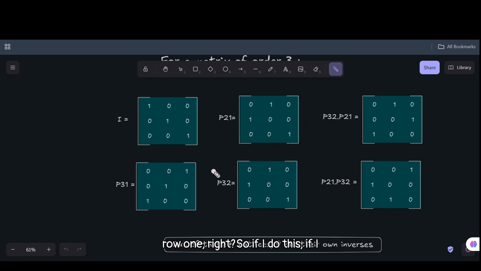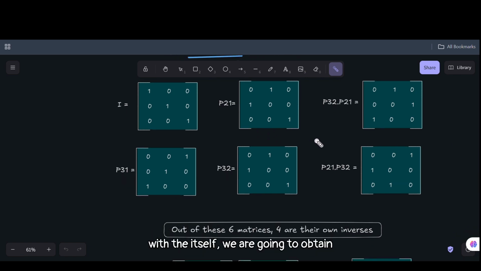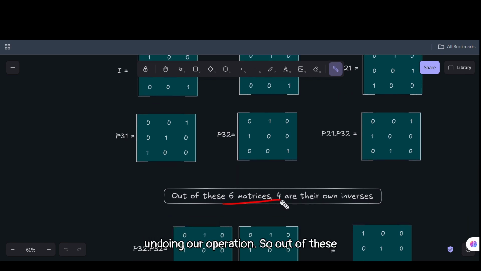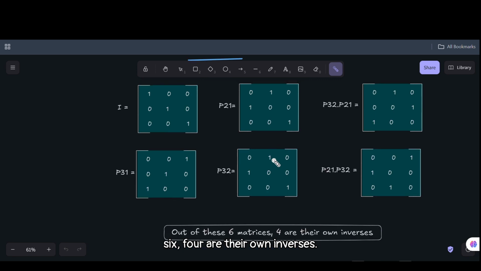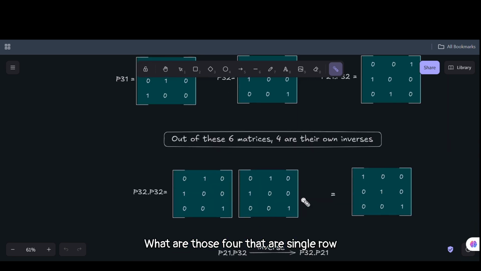If I perform the same operation again, like if I have swapped R2 with R3, and I perform that same operation again, I'm basically undoing my operation, right? So that is why if I multiply this matrix with itself, we are going to obtain the identity matrix, because we are basically undoing our operation. So out of these 6, 4 are their own inverses. What are those 4? Those are the single row operation ones.